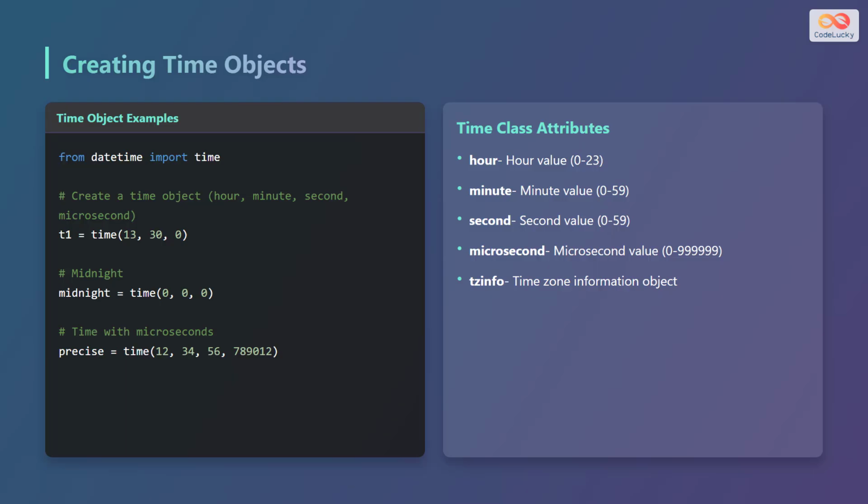For example, time(12, 34, 56, 789012). Here are some time class attributes: hour to get the hour value ranging from 0 to 23, minute for the minute value ranging from 0 to 59, second for the second value ranging from 0 to 59, microsecond for the microsecond value ranging from 0 to 999,999, and time zone information for time zone related data.